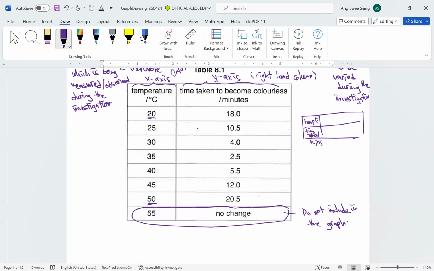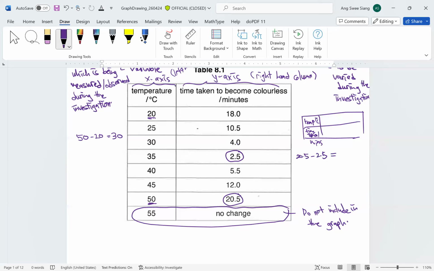So I take the highest value minus the lowest value, and I get 30. Likewise, I do the same for the y-axis. I also identify the lowest value and the highest value, which is 20.5 minus 2.5.